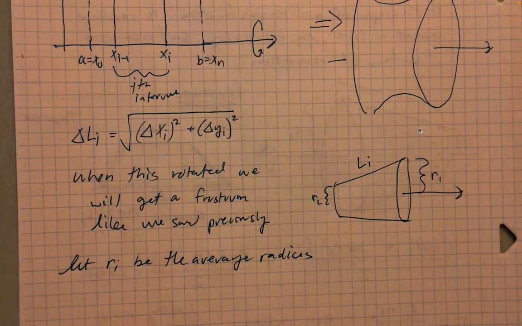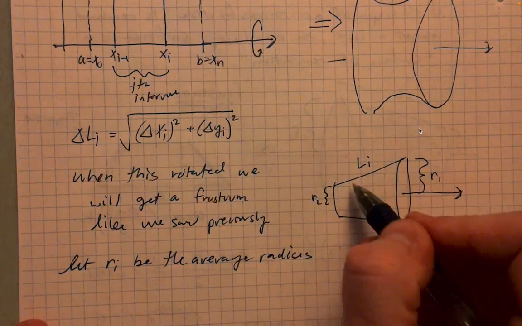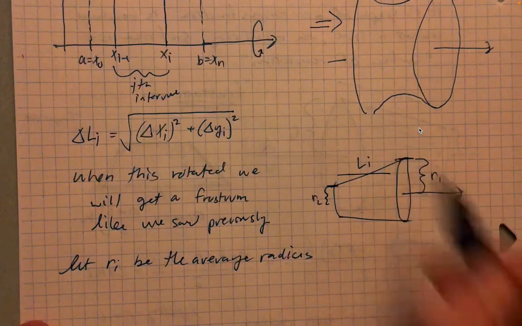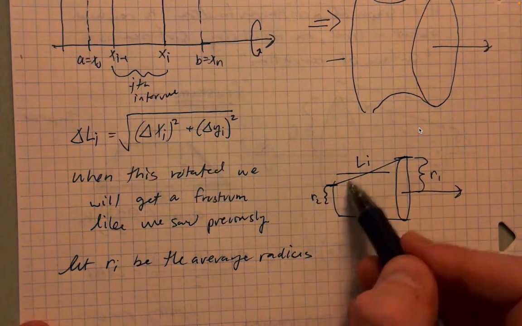So if that's the case, then by the intermediate value theorem. So what does that mean? It means that your Ri is going to be somewhere between R1 and R2, right? It's going to be somewhere in this range.